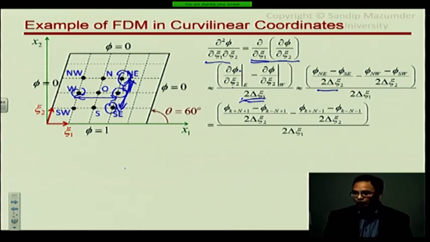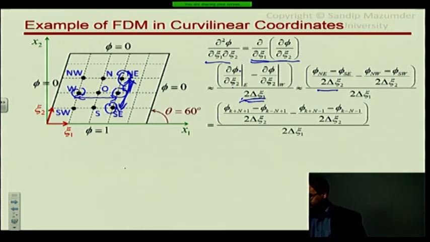They're all second order accurate. So we are taking northeast minus southeast divided by 2 delta Xi2 for this term. And on the western face we have the same quantities, so we are taking northwest minus southwest divided by 2 delta Xi2. That's this term.